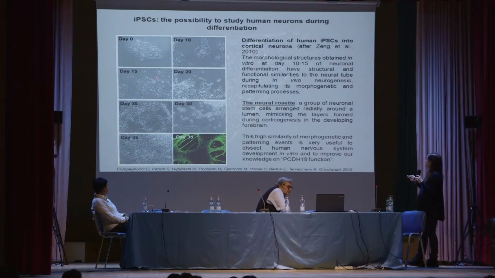Here we have simple microscopic pictures that, starting from day 0, show you the progression of cells during differentiation, how they get reorganized, because starting from the colony, after some 10 days of differentiation, they take up the typical neural rosette shape.